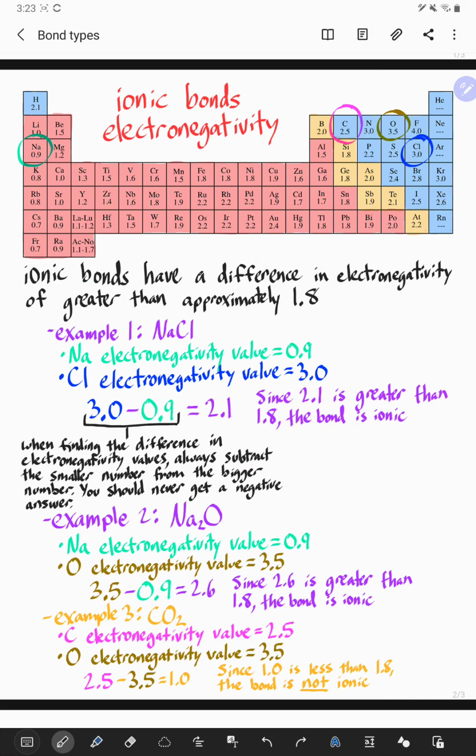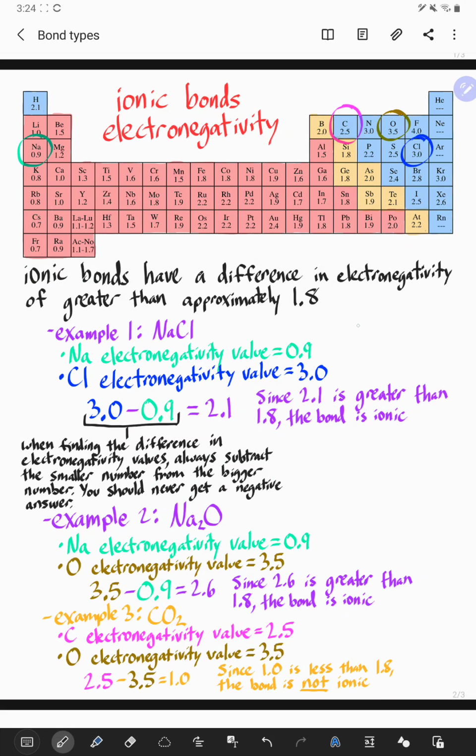And you might see some other values. We're going to use the value 1.8, but you might see a difference in electronegativity of greater than 2.0. You might see 1.7. It kind of depends. And the reason why there's not a set value is because no bond is completely 100% ionic, and very few bonds are completely 100% covalent.